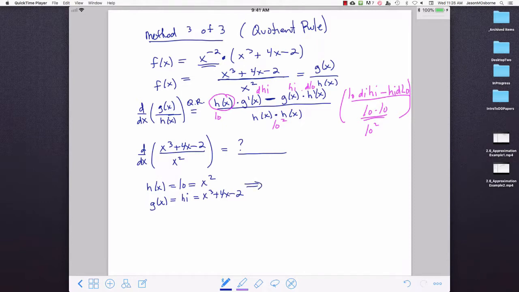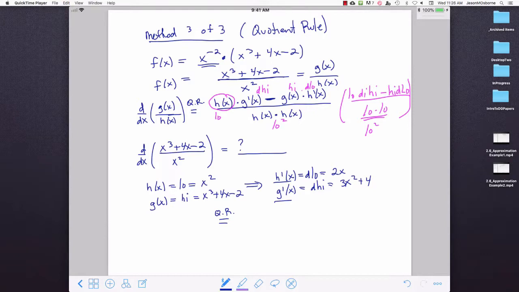So go ahead and compute the derivatives separately. We know we're going to need them. The derivative of the higher function we'll get is 3x squared plus 4. Now the only thing you need to do is remember the quotient rule formula to figure out how to combine these functions together.